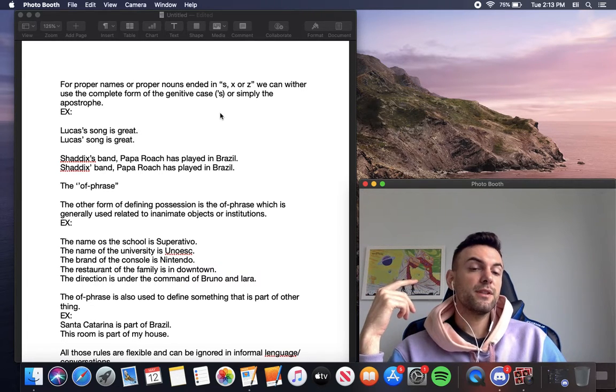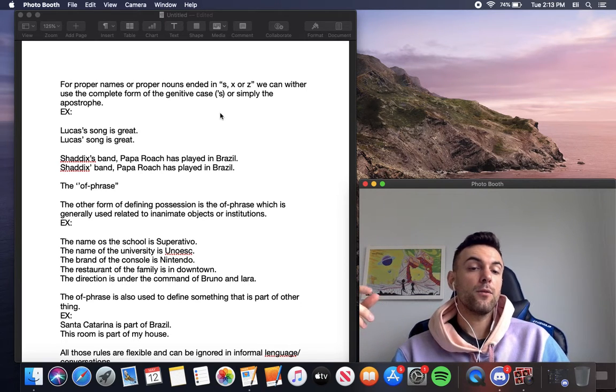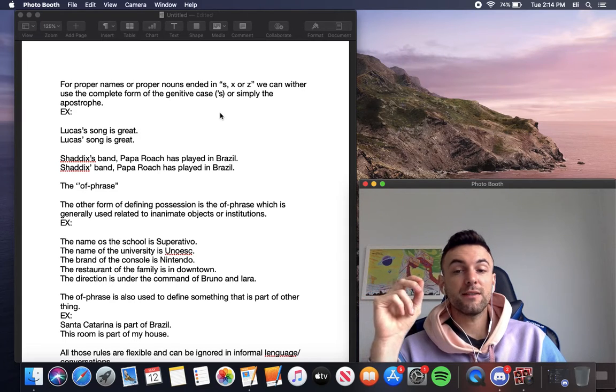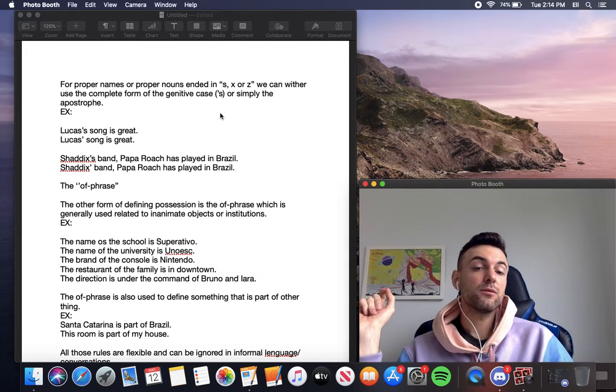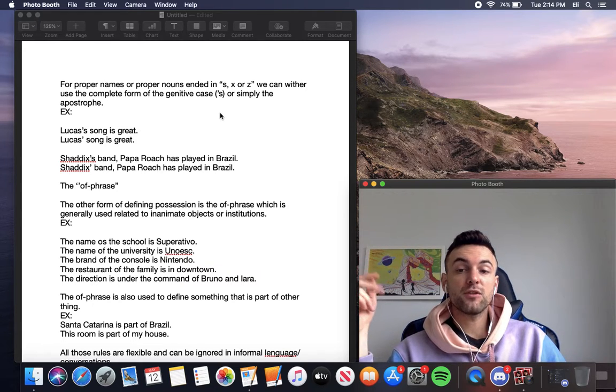But attention in my pronunciation that I don't say of with the f sound. This one is a single f, so the sound is more related to v, which is "of." The name of the school is Superativo.